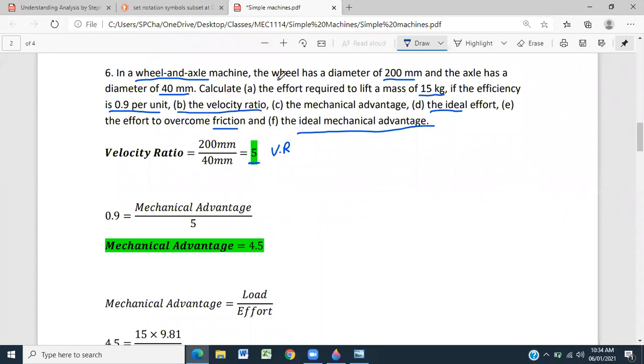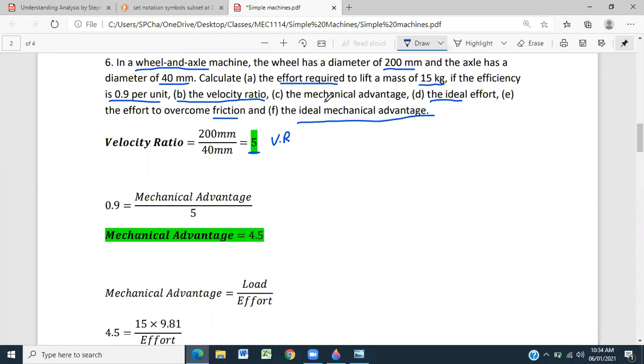Now, let's hold a little bit on the effort while we find the mechanical advantage. Using the formula with efficiency that relates efficiency and velocity ratio, let's find the mechanical advantage in the same way. With the efficiency at 0.9 per unit, or 90%, we know that that is equal to the mechanical advantage divided by 5, the velocity ratio.